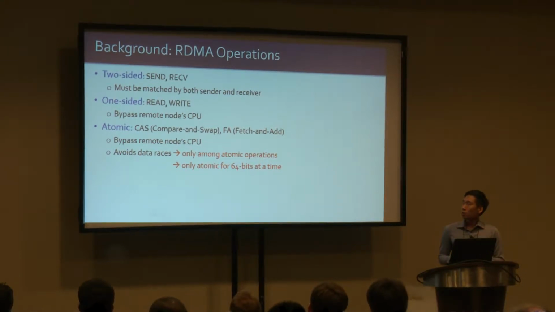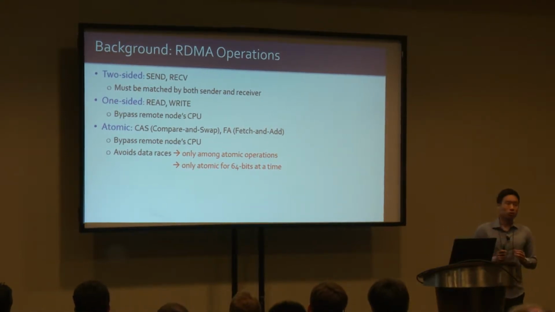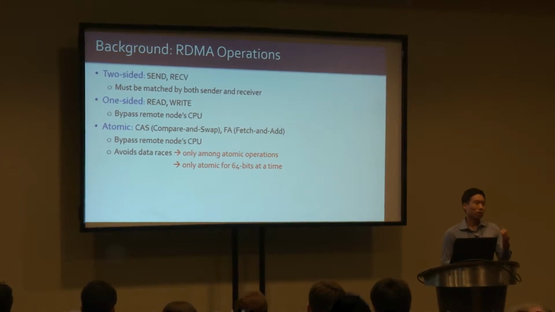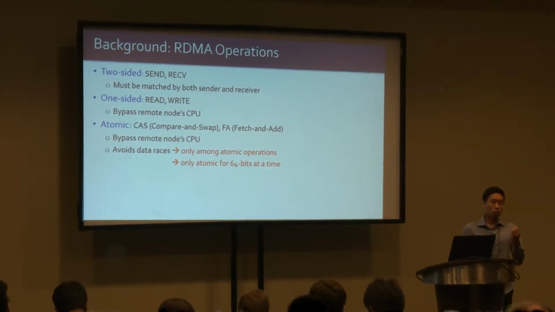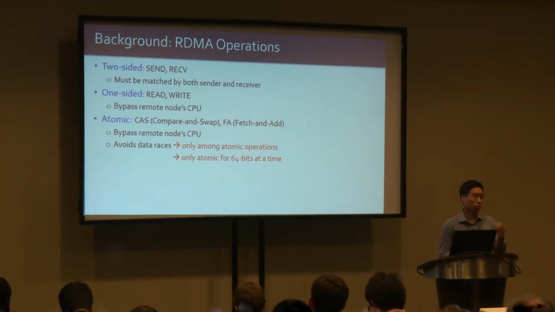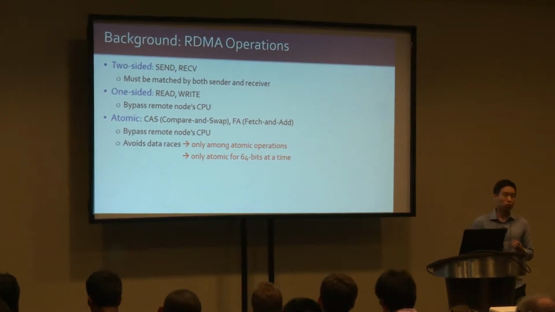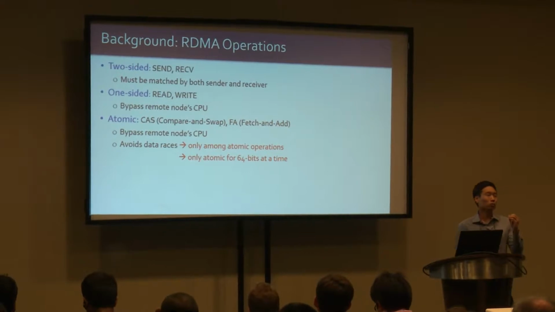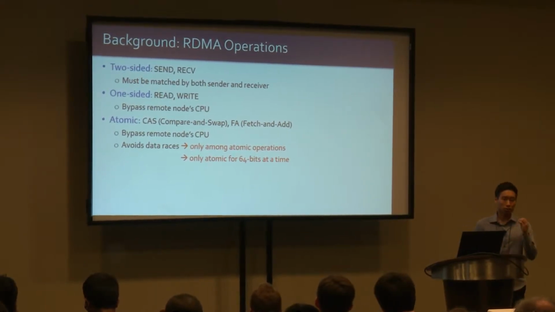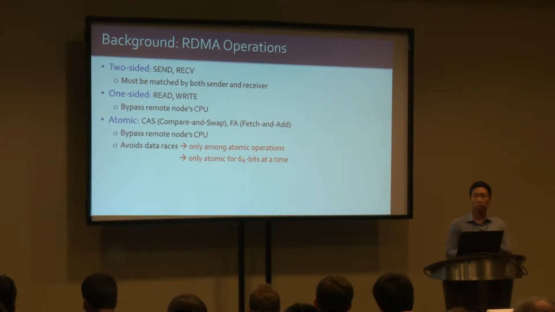These two limitations have very significant implications on how you design a log manager with RDMA. As a matter of fact, one of these two atomic operations is the culprit of starvation in existing RDMA-based distributed log managers.